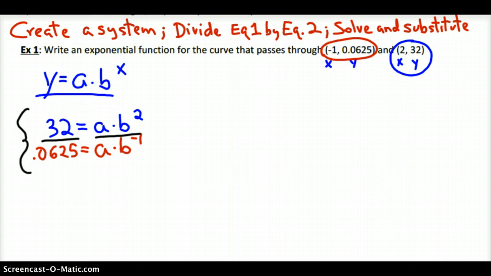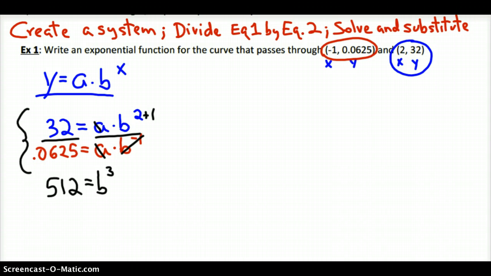And when I divide 32 by 0.0625, I get 512. When I divide on the right side, the a is reduced to 1. And when I do this divide, I end up bringing that power up. So I'm going to end up getting rid of this, adding 1 here. The a is reduced to 1, and I get b to the third.